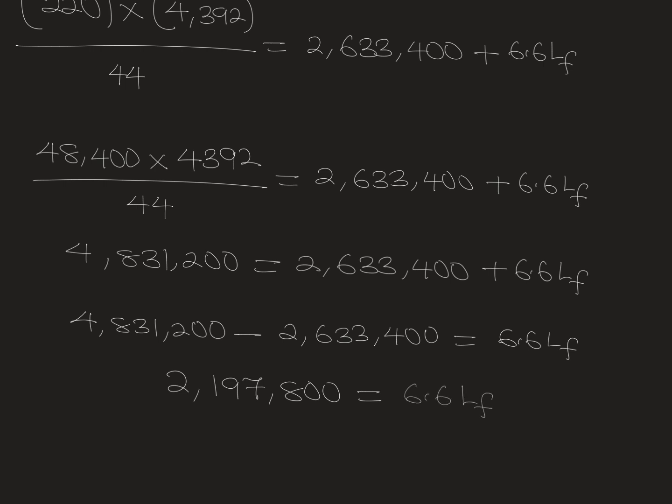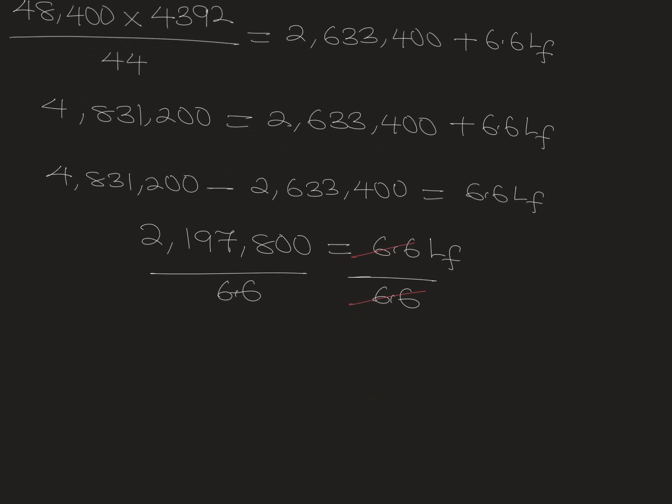To find the specific latent heat of fusion, I will divide both sides by 6.6. So this will cancel this. 2,197,800 divided by 6.6 is 333,000. So this is equal to LF.